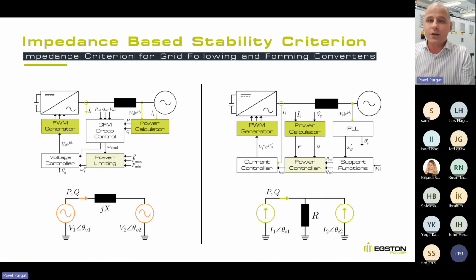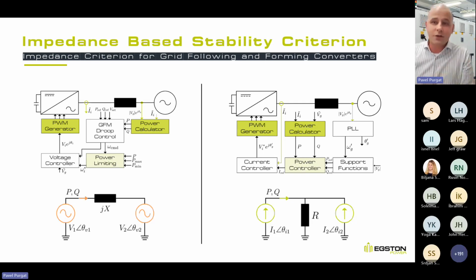And to that end, they use a PLL, phase locked loop, or a similar mechanism, however, PLL being the most used one. And another distinct feature of the current grid following converters is the current controller. That means that these converters are behaving as current sources or current loads. For us, when we want to evaluate their stability at the point of common coupling with the grid, it means we need to measure the admittance of these converters.